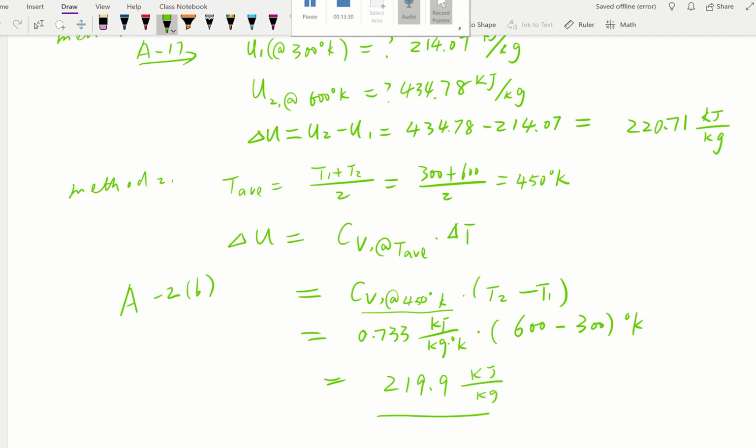Then you can compare this value with what you got from method number 1, table A17. They're very similar, right? And which one is more precise? That's right, method number 1, because that's the exact value. Here in method number 2, you are using the average temperature and the specific heat at average temperature to approximate.